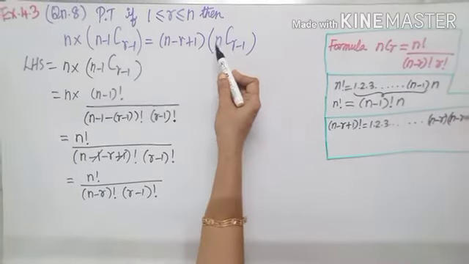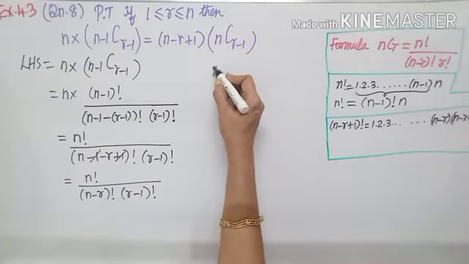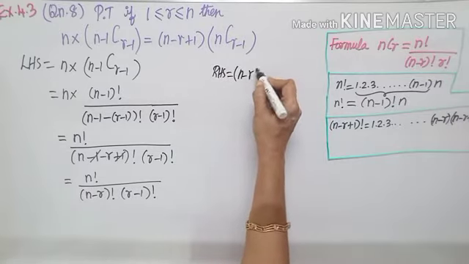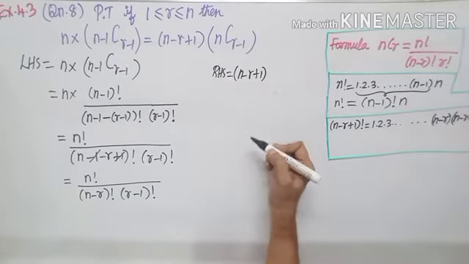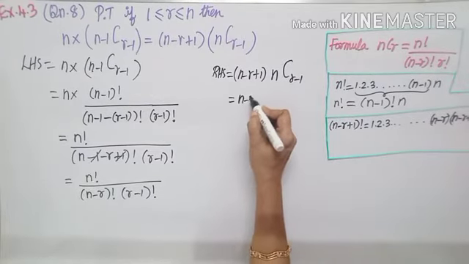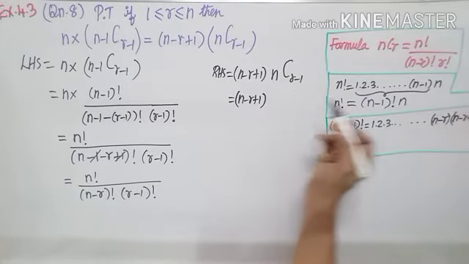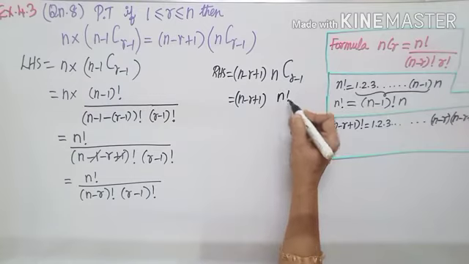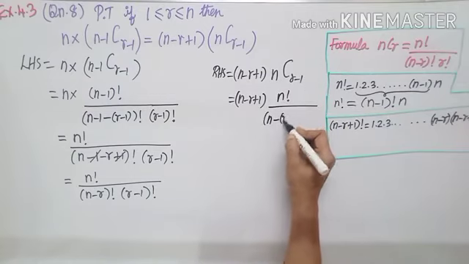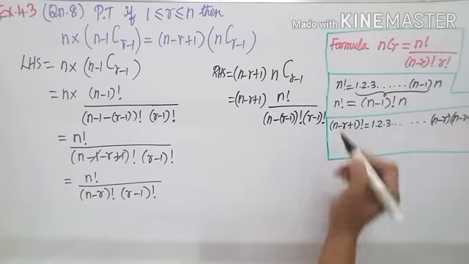I want nCr minus 1. So let me start writing the RHS answer. What is RHS? n minus r plus 1 into nC r minus 1. Apply the formula. What is nC r minus 1? n factorial by, subtract n minus r minus 1 factorial into r minus 1 factorial.